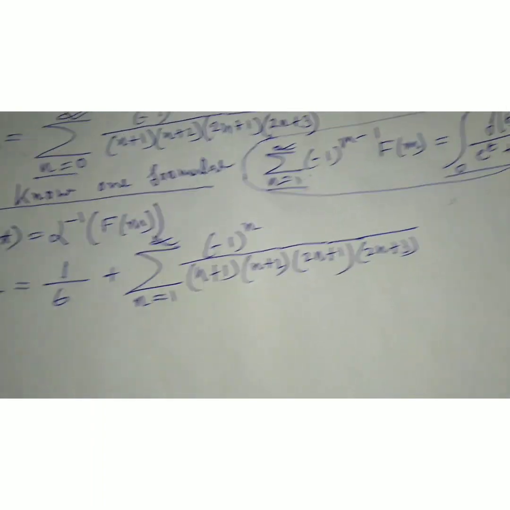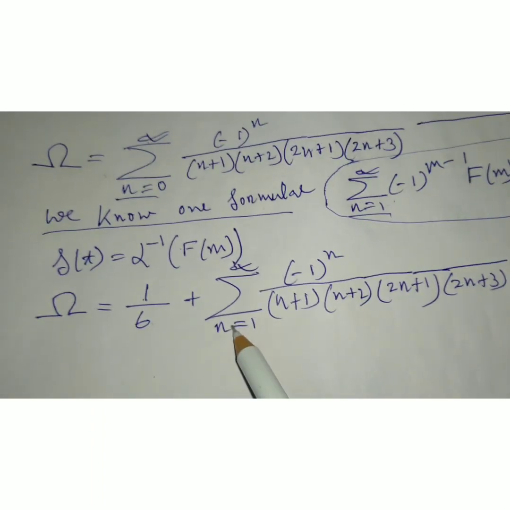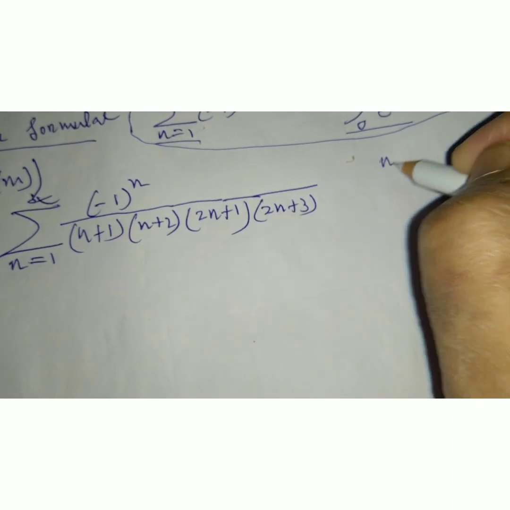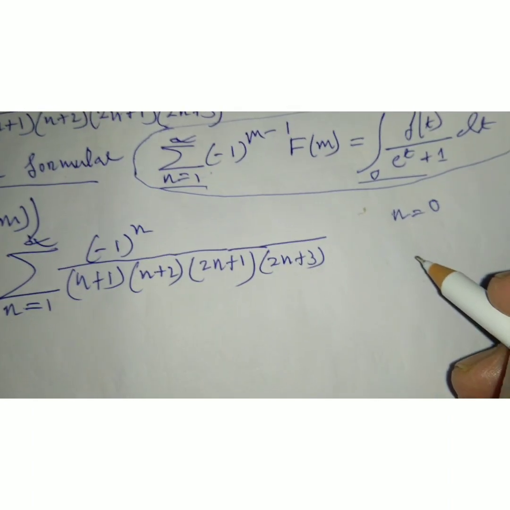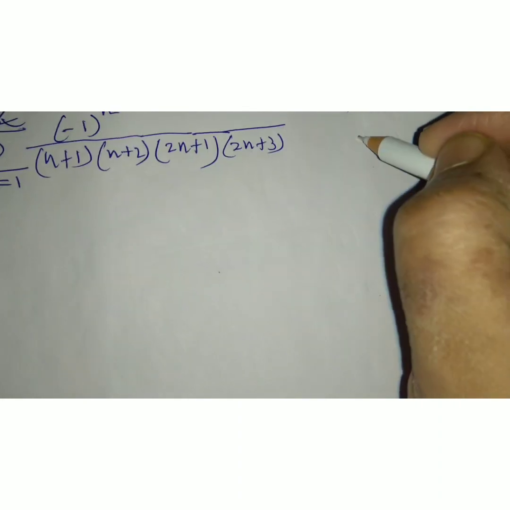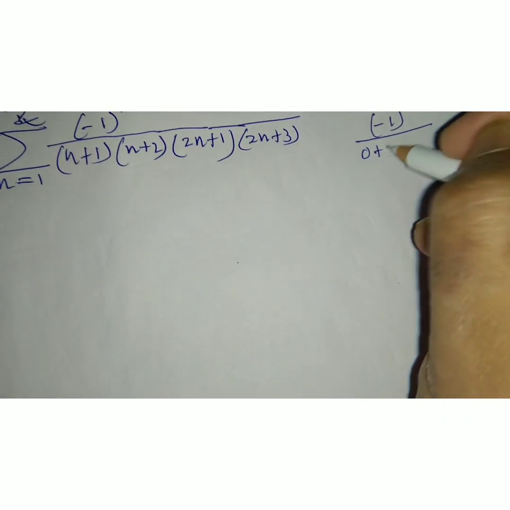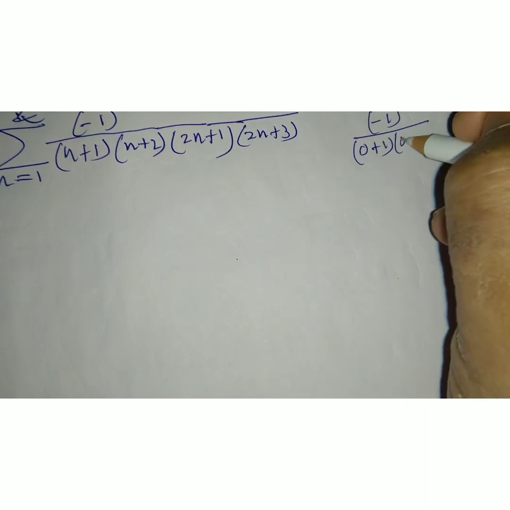Okay, how do I get 1 by 6? Let's see. I take n equals 0. When n equals 0, then minus 1 to the power 0 into (0 plus 1) into (0 plus 2) into (0 plus 1) into (0 plus 3).